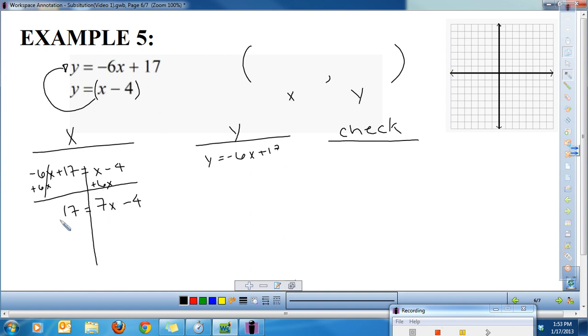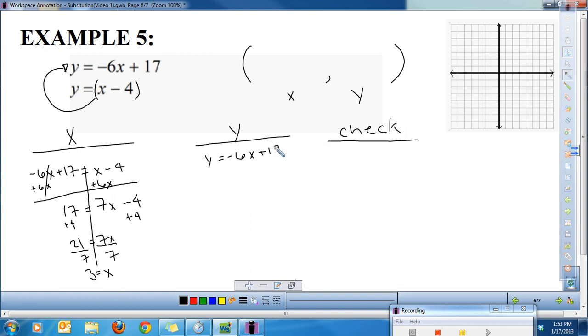My x's are together, but I still need to get my constants together. So I'm going to bring this negative 4 to the other side by adding 4. Now I have 21 equals 7x. 7 times x equals 21. So to undo 7 times x, I'm going to divide by 7. And I get that x equals 3.